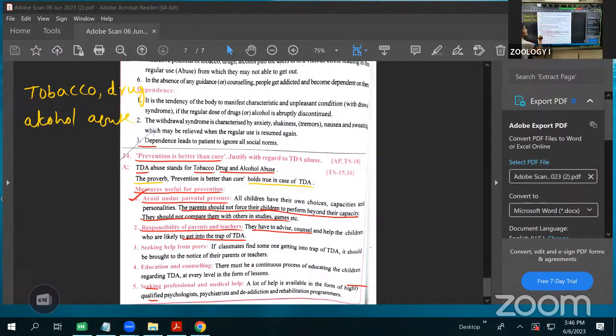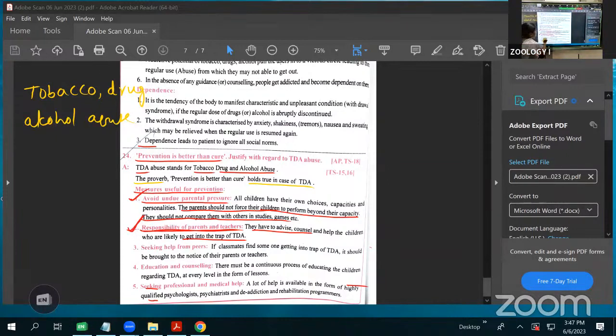At that time they may change. That is the responsibility of the teachers as well as the parents. Clear? That is the second one. Many children get trapped in TDA, and we can give counsel and advice to them. That is called the second major response.